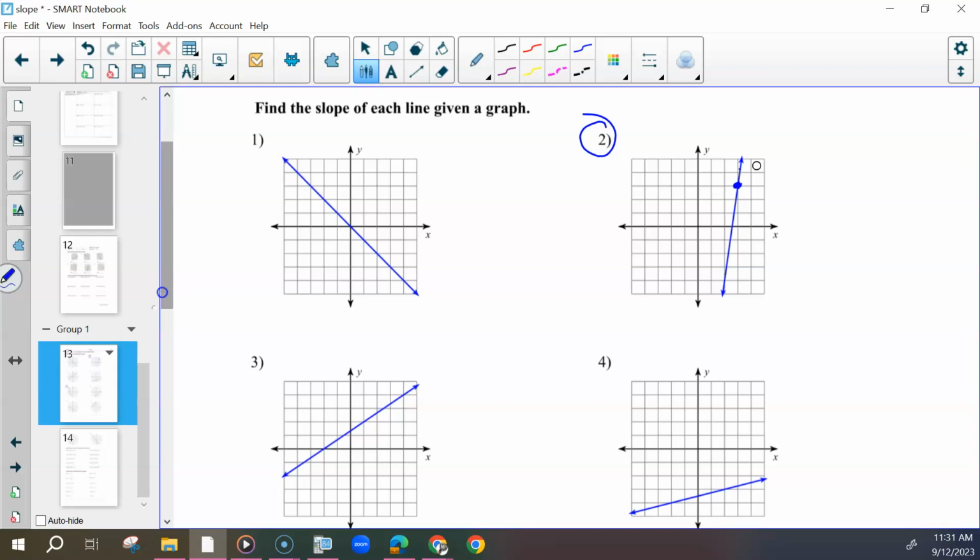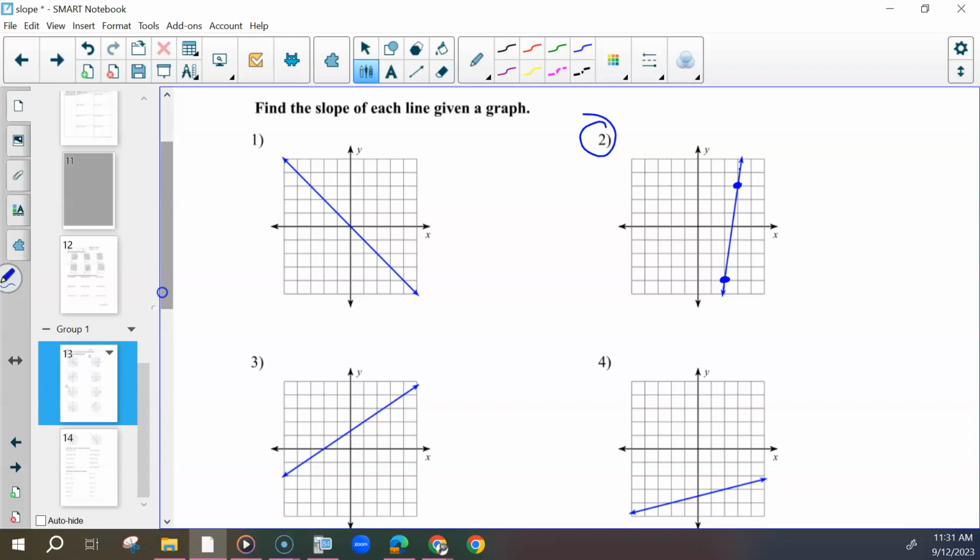Negative 4? Okay. The Y value is negative 4. What would your X be? What would that point be? 2. So at 2, negative 4 would be your other point.